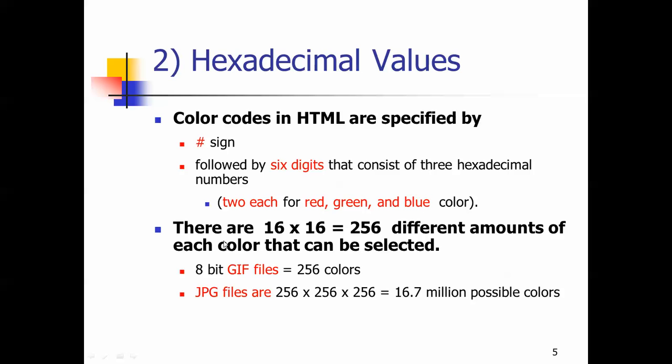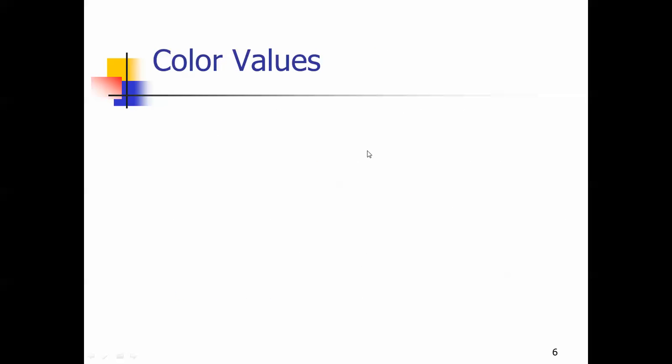So there are 16 times 16, or 256 different amounts of each color that can be selected. So a GIF file is 8-bit, and we talked about that before, or 256 colors. And JPEGs are 256 by 256 by 256, or 16.7 million possible colors.